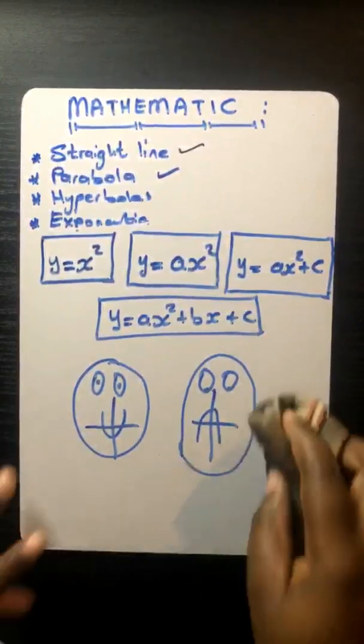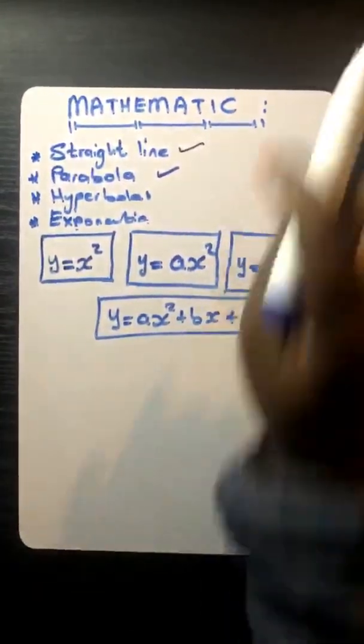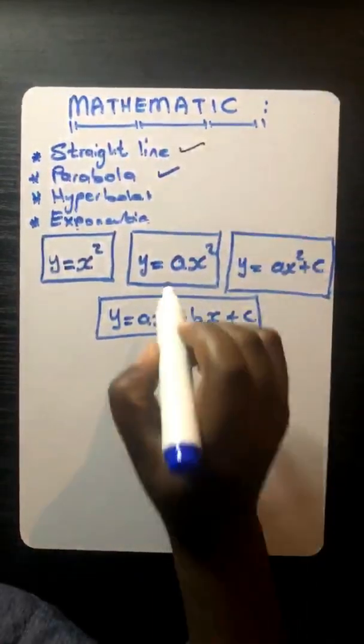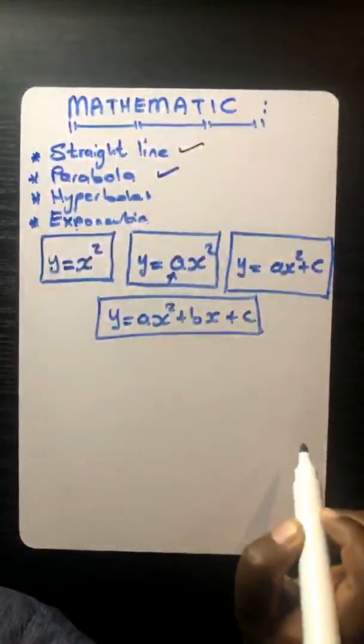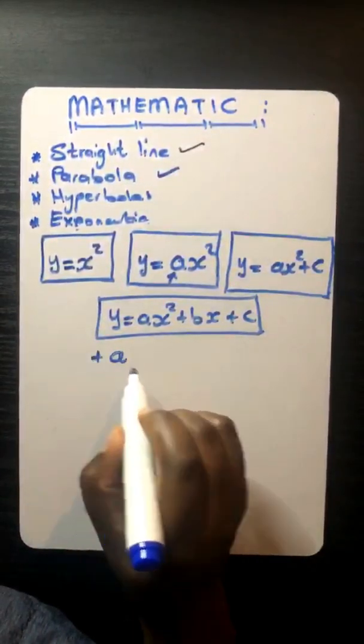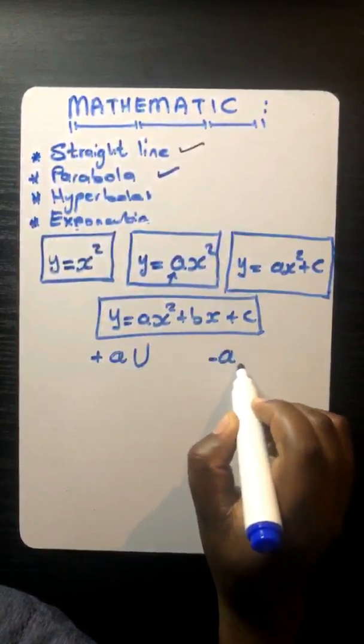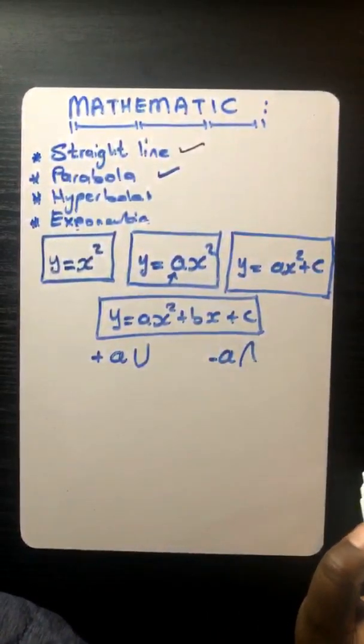So let's check how you know if your function is a smiling or a sad shape. That's where we talk about the a value. If the a value is positive, we've got a smiling shape. If the a value is negative, we've got a sad shape.